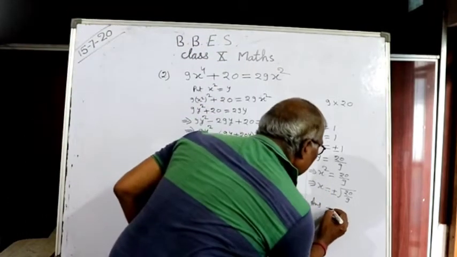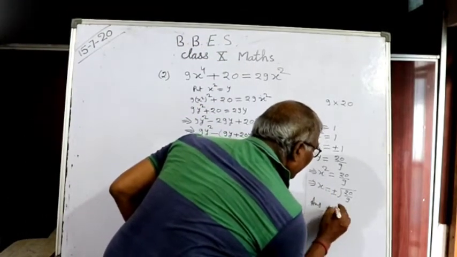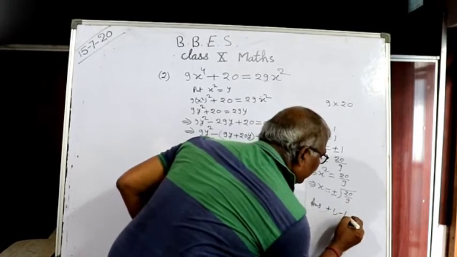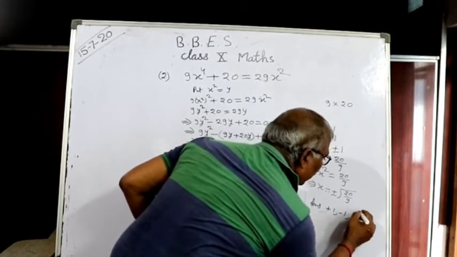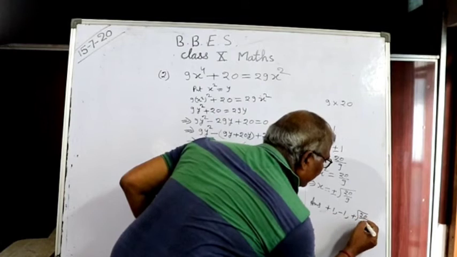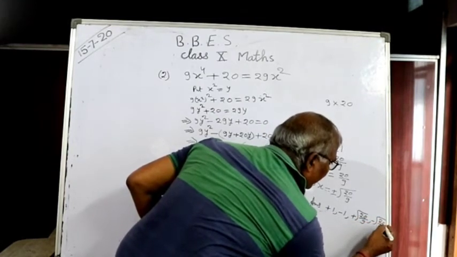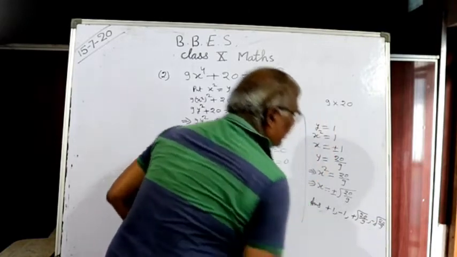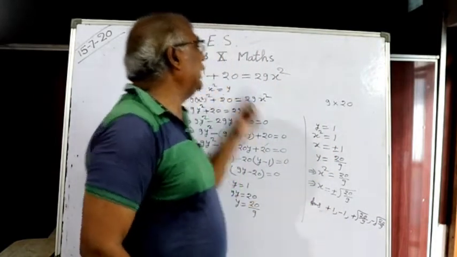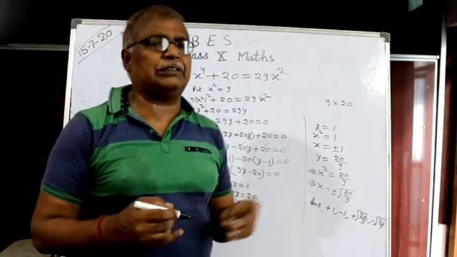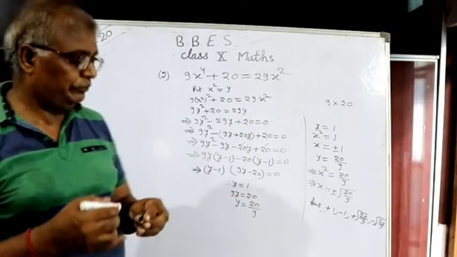The answer is plus 1, minus 1, plus root 20 by 9, minus root 20 by 9. These are the four roots, and this is the solution of this equation.